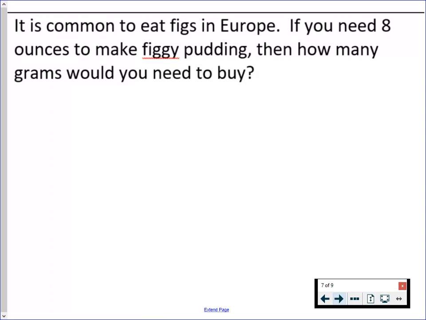So, in Europe, if you need 8 ounces of sugar to make figgy pudding, you planned your recipe in the United States.